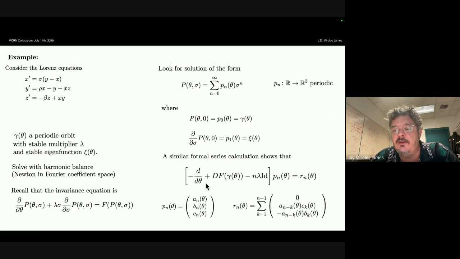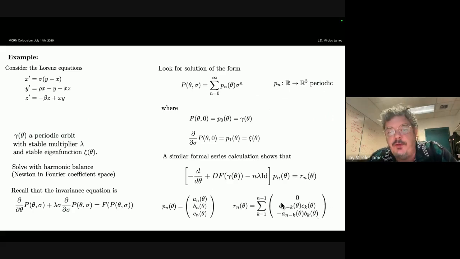You're led to equations that look a lot like what we had before, these homological equations. Now, instead of being linear algebraic equations, it's a linear differential equation for each one of these Taylor series coefficients. And again, it's linear for the nth order term, but we need to know the lower order terms, and our equation depends in a nonlinear way on the lower order terms that we already computed.